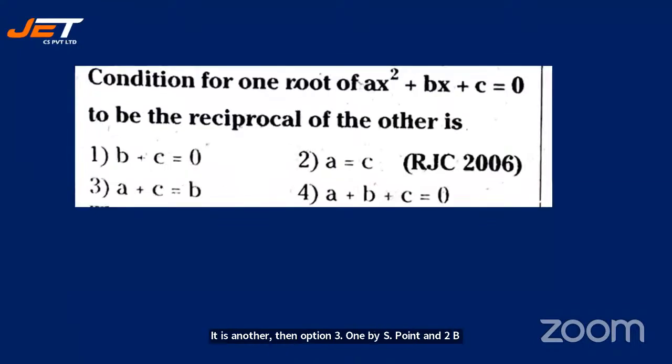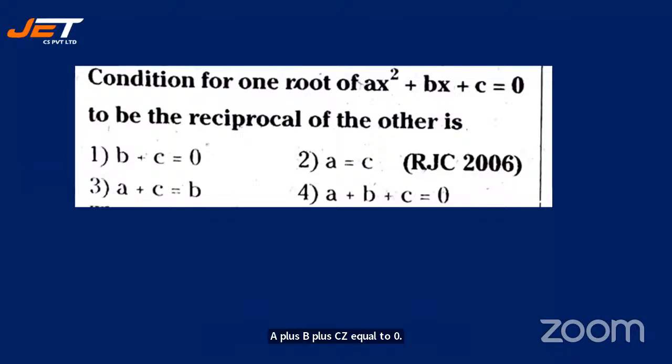The condition for one root of ax square plus bx plus c equal to 0 to be the reciprocal of the other is dash. Is it b plus c is 0, or a plus c is b, or a is equal to c, or a plus b plus c is equal to 0?